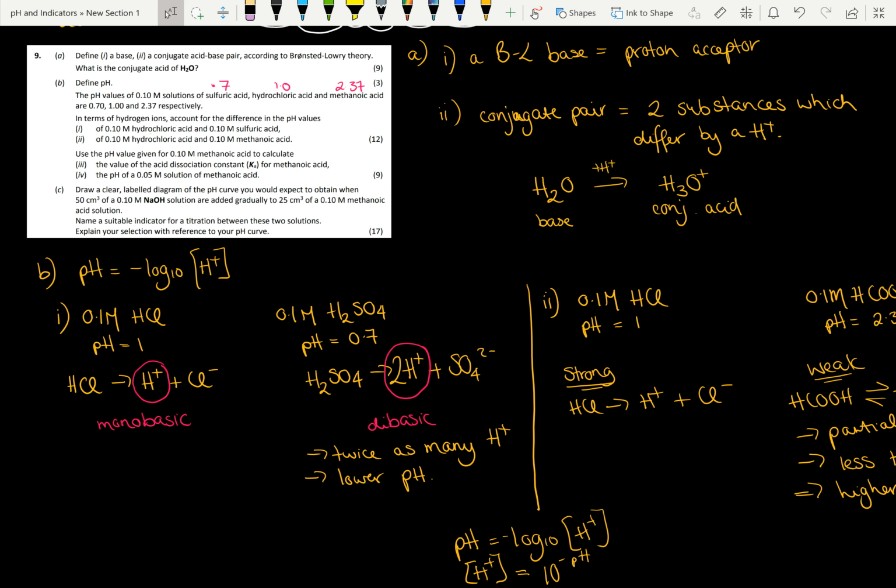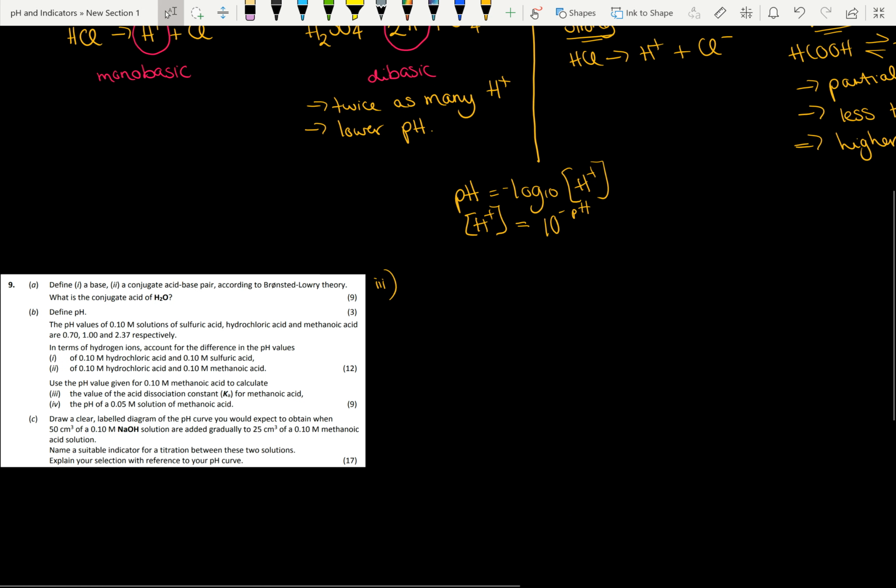Okay, so now part 3, I'm going to move down here. Part 3 asks us to calculate the value of the acid dissociation constant Ka for methanoic acid. So we know that we've got 0.1 molar methanoic acid.